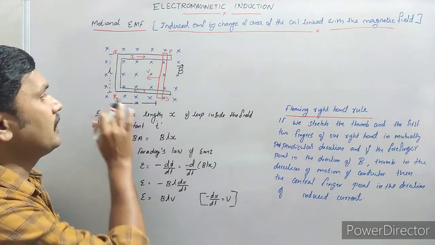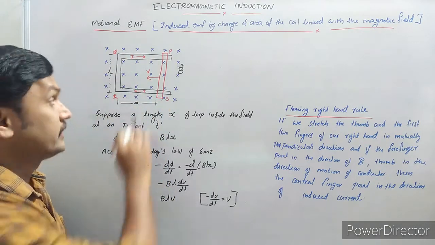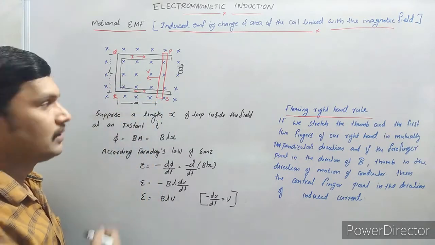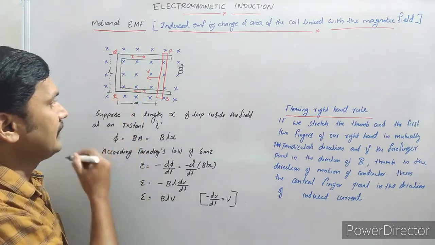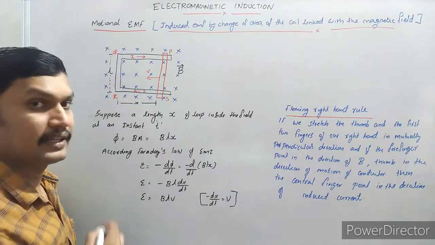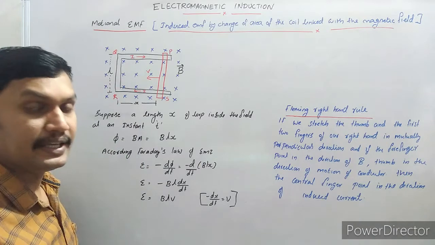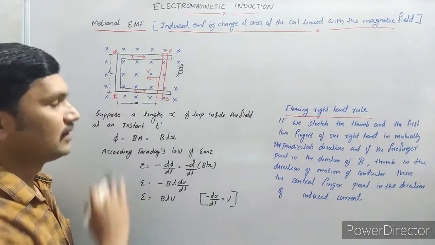What is the area of this loop at that moment? The area of the loop is equal to L into x. Here, this side has a length L and this side has a length x at that instant t. So L into x is the area inside this loop.